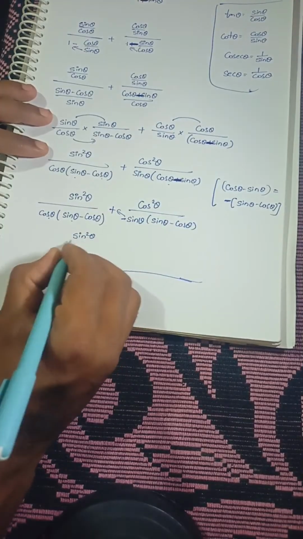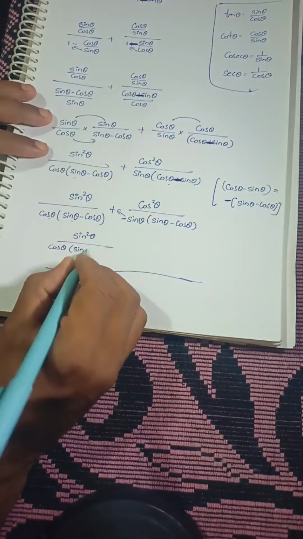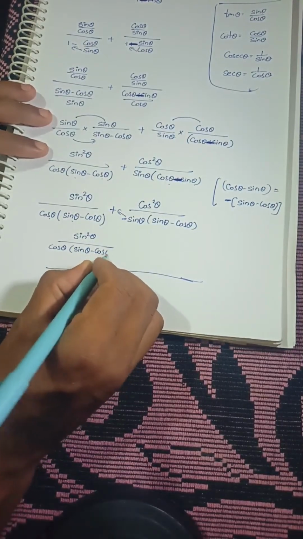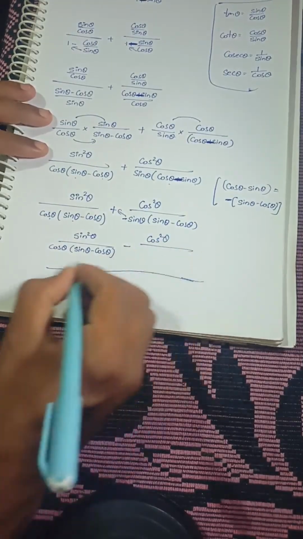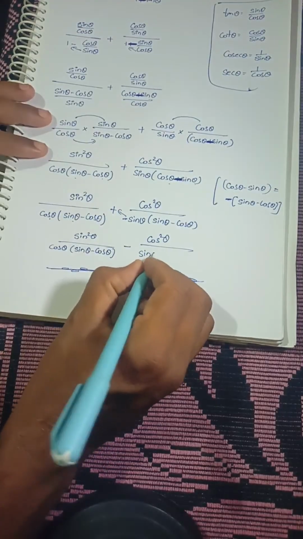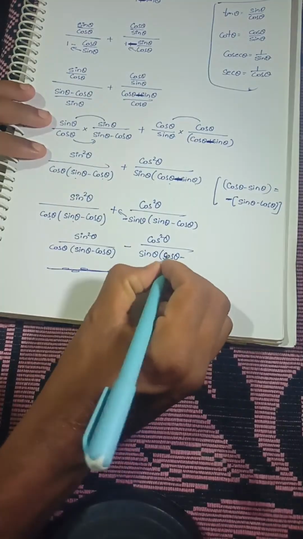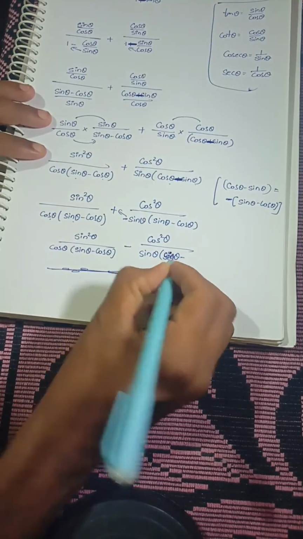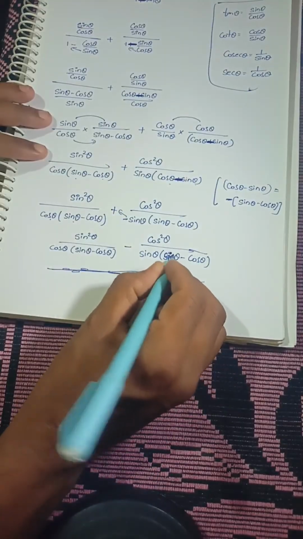Sin square theta by cos theta into sin theta minus cos theta, minus cos square theta by sin theta into sin theta minus cos theta, as it is.